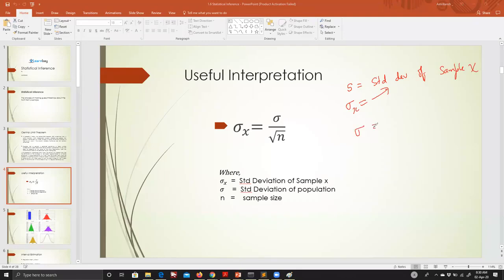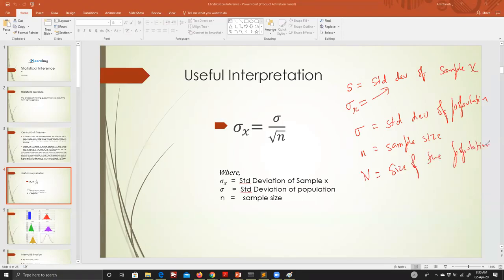But whenever this is used, it is mostly looking at the standard deviation of the population. Small n is usually the sample size, and capital N is the size of the population. So I want you to note down this formula because it will be incredibly useful after a while.